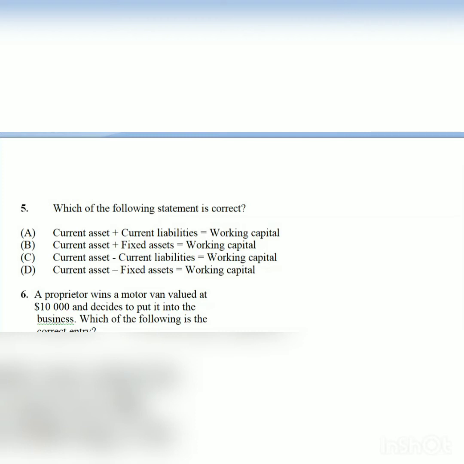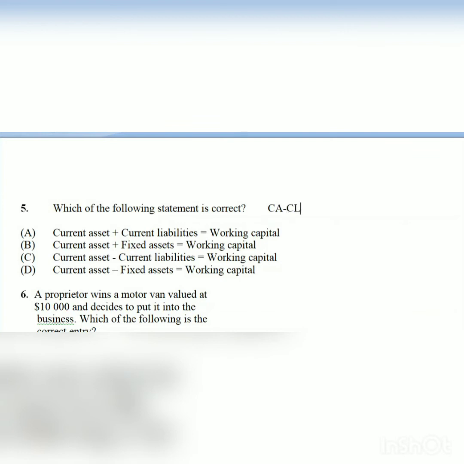What is working capital again? Right. So working capital is the capital of a business which is used in its day-to-day operation. And to find working capital, so let's put it here. To calculate or to find working capital, it is current assets minus current liabilities.